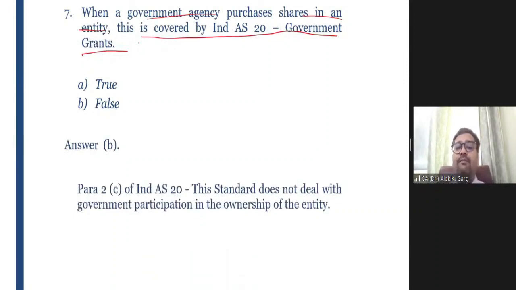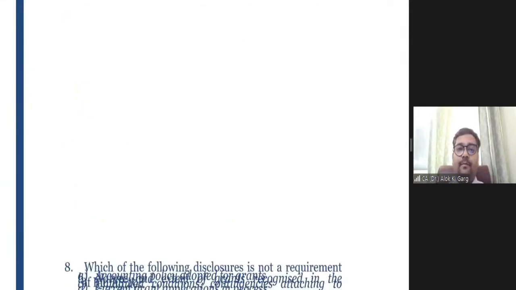This standard does not deal with the government participation in the ownership of the entity. So you remember, Pulkit, if the government has invested money in the company, if the government is acting as a promoter, this is outside the scope of the Ind AS 20.